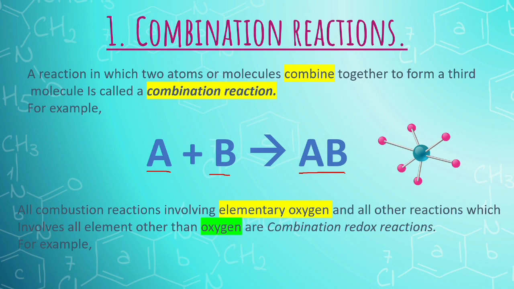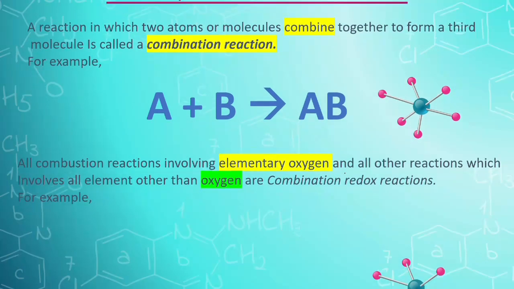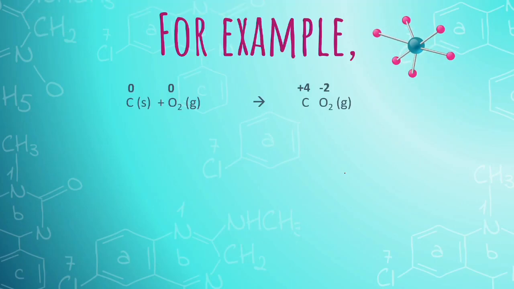All the combustion reactions involving elementary oxygen and all other reactions which involve elements other than oxygen are combination redox reactions. For example, carbon and oxygen combine and form carbon dioxide.